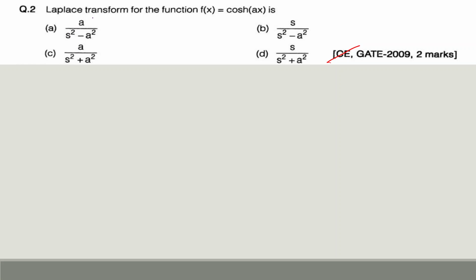Laplace transform of the function f(x) equal to cosh ax is what? It is also a standard result here.